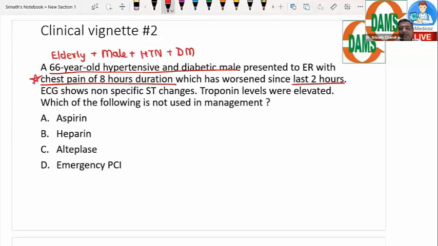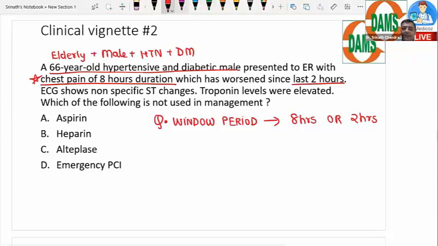I want you to type the answer. What period do we actually have to count? Should we count it as 8 hours or as 2 hours? That is question number 1 to you, for which you can type your answers in due course of time. I'm not giving it away immediately.